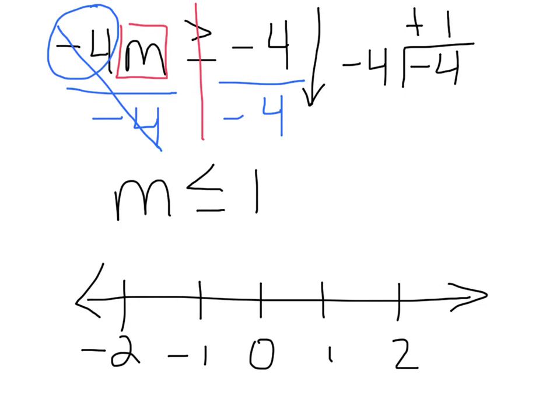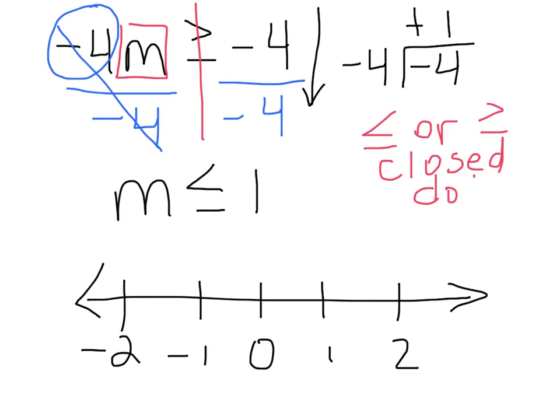When you graph inequalities and it includes the number, in other words, when you have less than or equal to or greater than or equal to, that includes a closed dot. It includes the number, so we want a closed dot. Over the number 1, we will put a dot and color it in. And m is less than or equal to, so the arrow is pointing to your left. That's the direction your arrow should go.